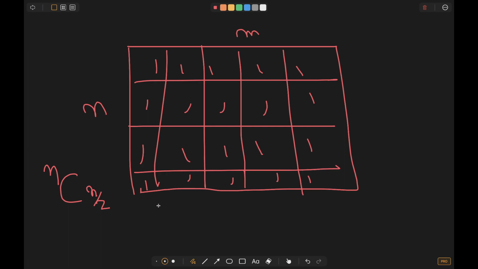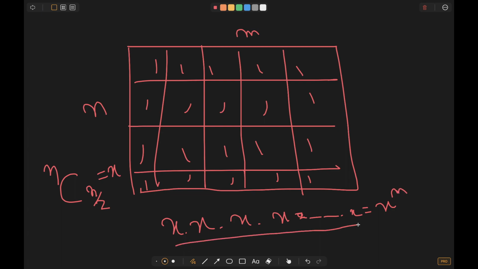Because everything is independent, if x is the number of ways to make one column equal to 0, then we have to make m columns equal to 0. So the number of ways would be x to the power m, multiplying by x every time because they are independent. And that was the solution. In one liner, it was (n choose n by 2) to the power m. So this was the solution for even, and for odd it was 0.